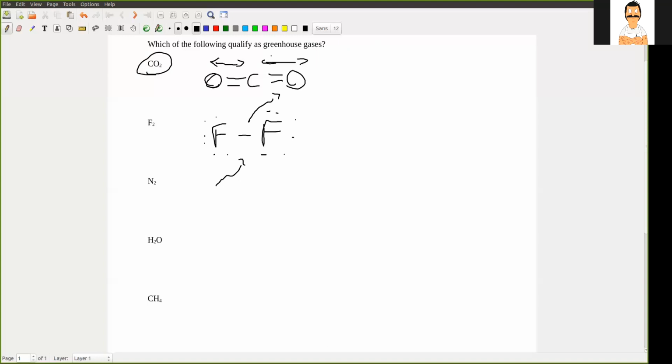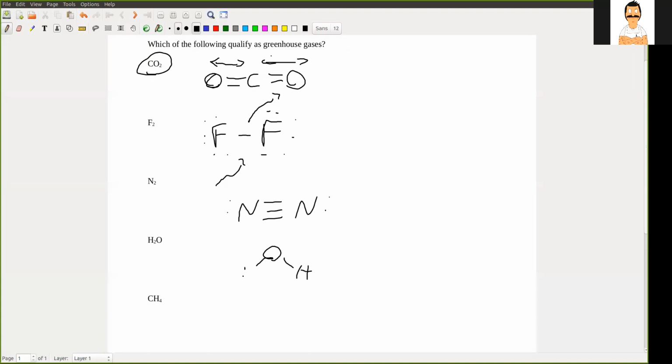So same thing with diatomic nitrogen, molecular nitrogen. That's going to allow the radiation to escape into space, so it doesn't retain any. You have water.